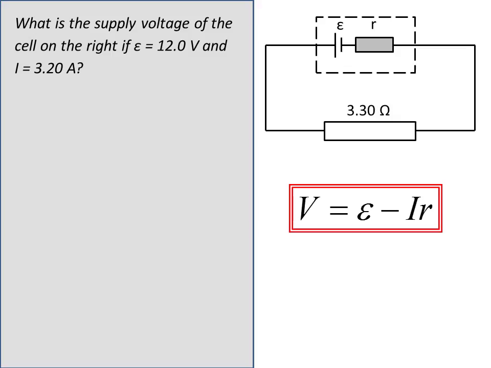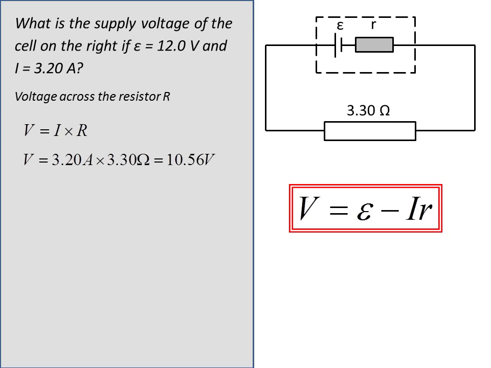So how do I work out the voltage here that is used? I use Ohm's law. Okay, so I use voltage equals current times resistance. I chuck in the current and the resistance, and I get the voltage is equal to 10.54 volts. That's how many volts is used across this resistor. If that many volts is used across the resistor, then that many volts must have been produced from the supply voltage.